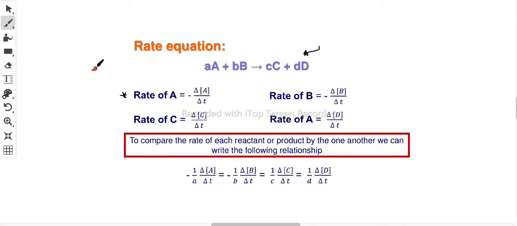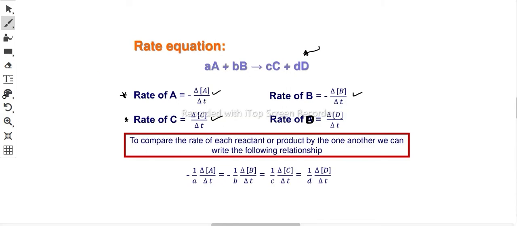So I can go through the change in the concentration of A per unit of time. I can go through the change in the concentration of B as a reactant per unit of time. I can continue with the rate of C as a product per unit of time, or the change in the D.